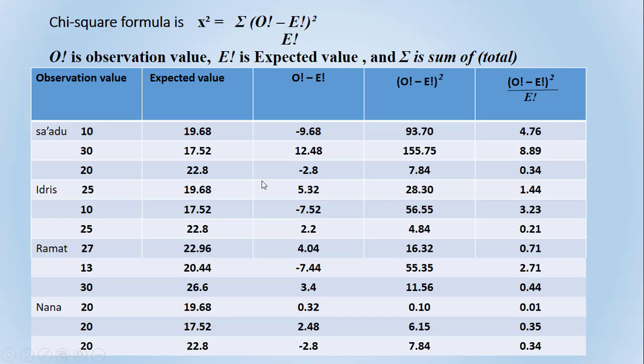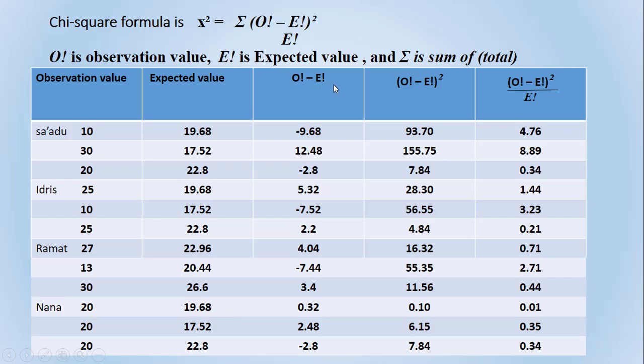So also Idris Garba: 19.68, 17.52, 22.28, the inadequate expected value. So also for Ramat, you input the figures very well, because if you make a mistake in inputting the figures, it will affect your calculation later on.